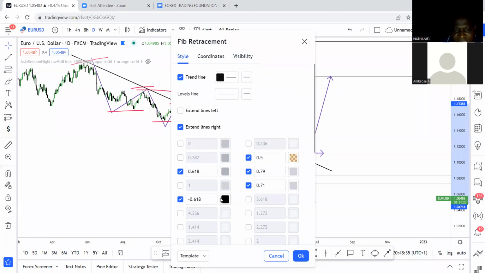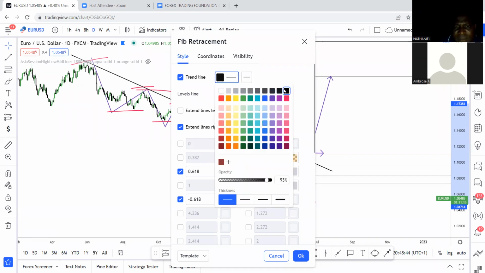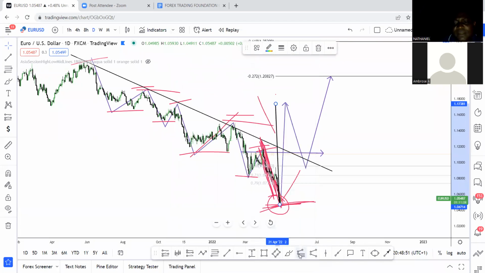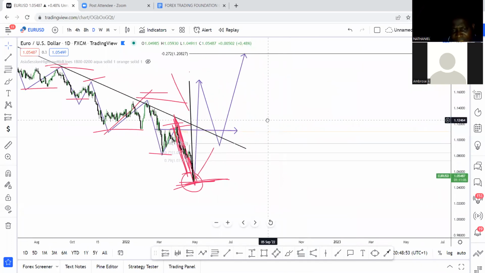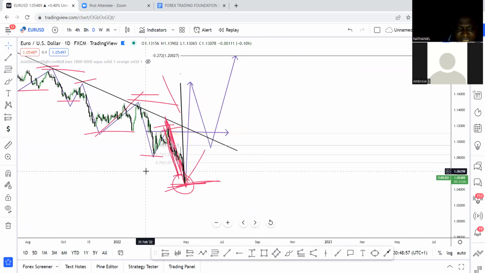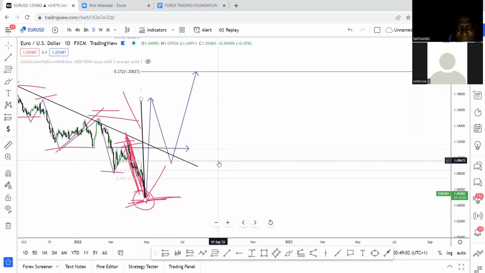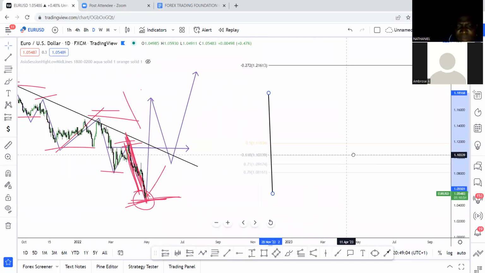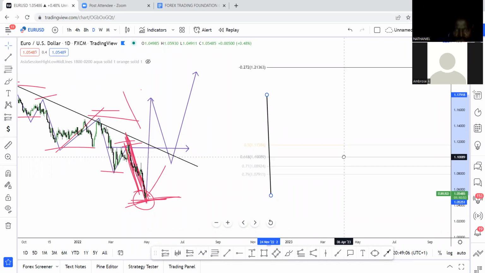So I have to increase the thickness of this line. By the way, are you seeing these levels? Are you seeing this level with some lines? Yes. Okay. So you see, let me bring it here. Can you see? Yes, sir.